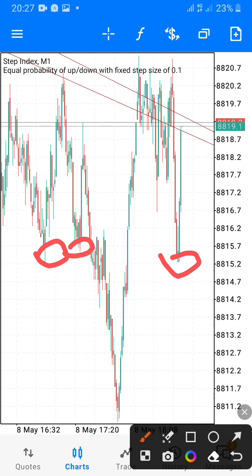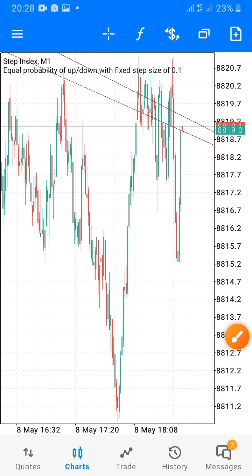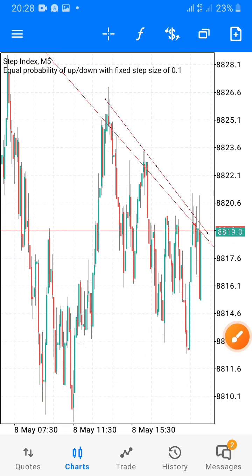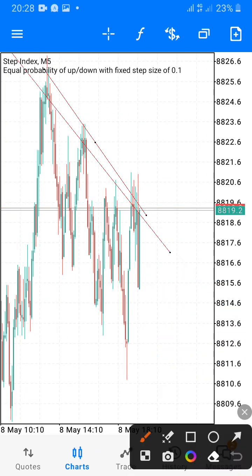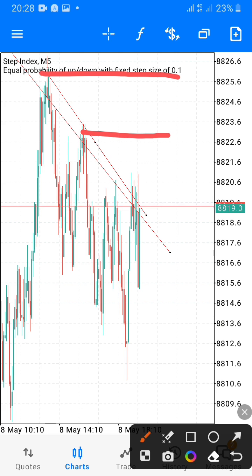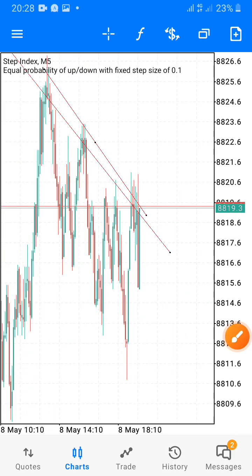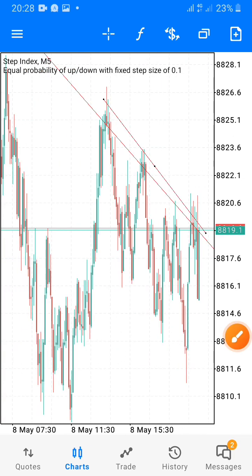As long as the market remains within this downtrend and doesn't break above these highs, forming new highs, we are feeling good, and we can take our trades selling the market right there.